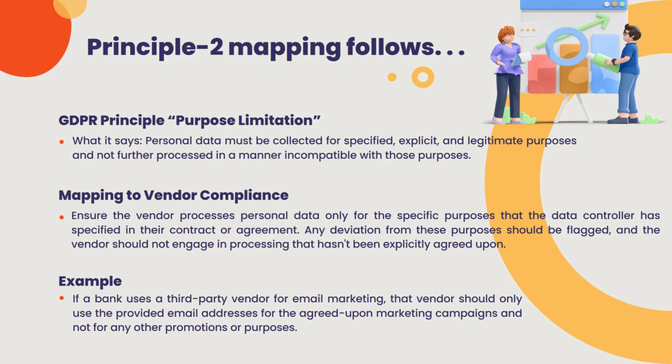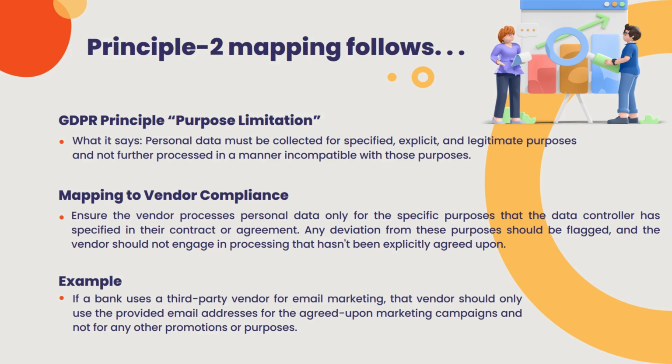Okay. For example, a bank uses a third-party vendor for email marketing, right? So that vendor should only use the provided email addresses for the agreed upon marketing campaigns and not for any other promotions or purposes. All right.